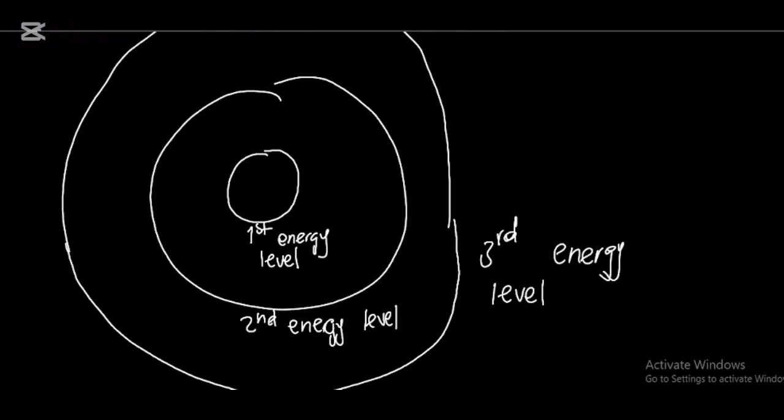So I want to emphasize this part. The first energy level consists of only just 2 electrons. It's not even less than 2, it's only just 2 electrons. So we have only just 2 electrons on the first energy level. Now the second energy level is filled by 8 electrons.